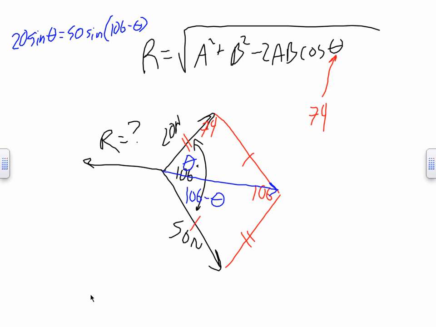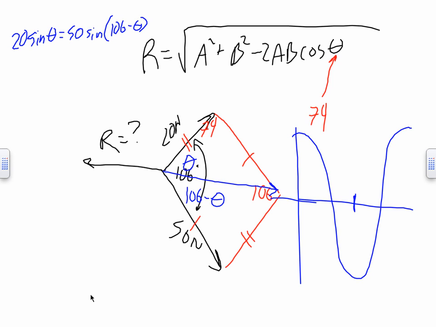Then you have to know that cosine of 74, cosine goes like this, and this is 180, that's 360, this is 90, so you're just guessing. 45 right there is 0.7071, so it's going to be around in here. I would guess 0.4 or 0.3, and then if you multiply that out, you get an answer close to 50.